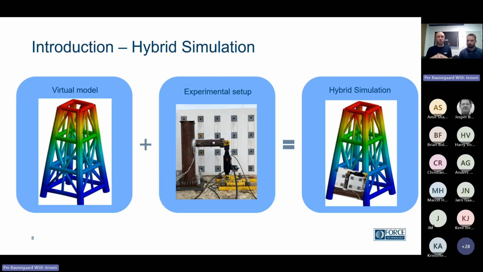And the combination of those two, the interaction between those two, that is our hybrid simulation. It can be a very powerful technique if you set it up correctly, that can advance both the model and the testing, the quality of those two components.